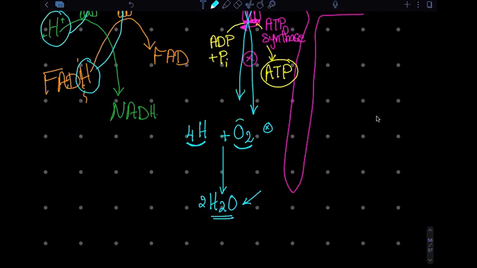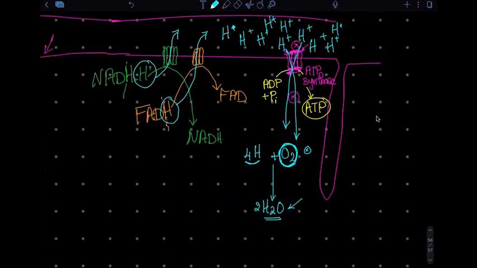Why, if I stopped breathing, my cells cannot survive? Because simply, in order to carry on all the cellular metabolic activities, you're going to need energy. And how do you produce the largest amount of energy in your cells?